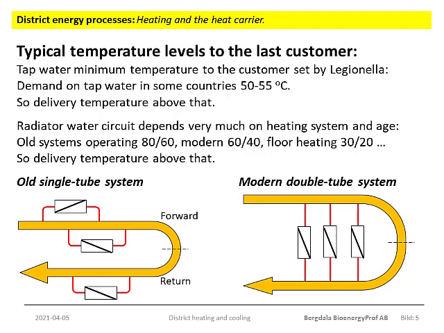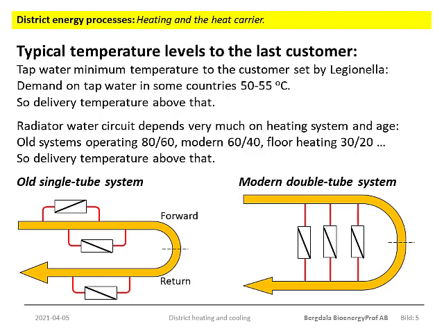Today, customers are normally connected according to the two-tube principle. That name is a bit confusing, because there is in principle only one pipe which makes a U-turn. But anyway, the customers are then hooked up between the forward and the return.